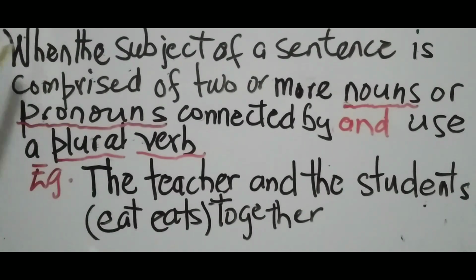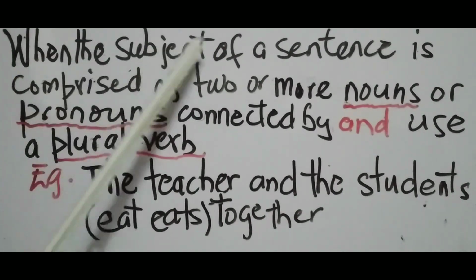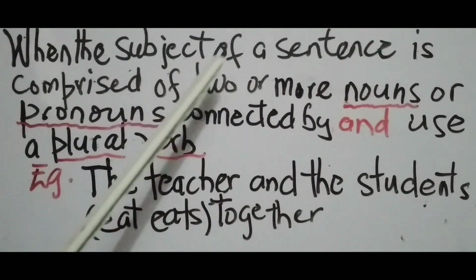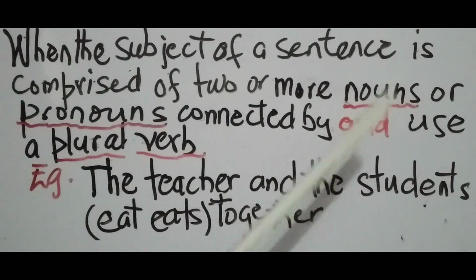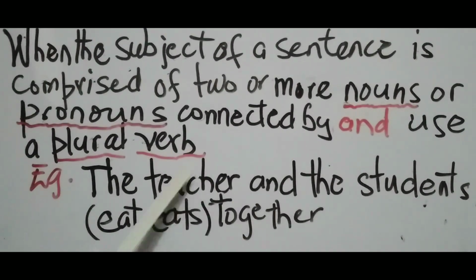Now remember, let's go again. When the subject of a sentence is comprised of two or more nouns or pronouns connected by "and," use the plural verb. So here we have "and," we have the teacher and we have the students. Both of them make up the subject, because the action here, eat or eats, is related to students and teacher. This part of the sentence is what is going to do the action.